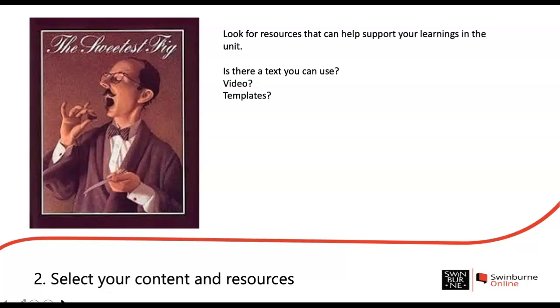Now we've used Sweet as a Fig before because I teach grade 3 at the moment, and we've used that because it has a lot of that rich language. We've also had a look at Margaret Wild's book Fox, mixing up my authors there, because that has a lot of imagery that we could analyze.